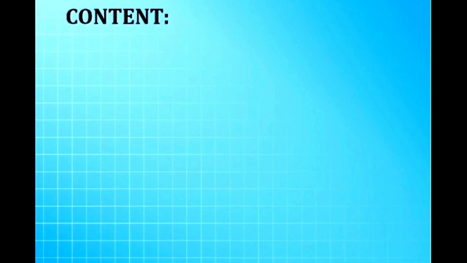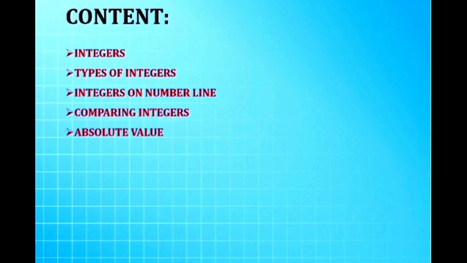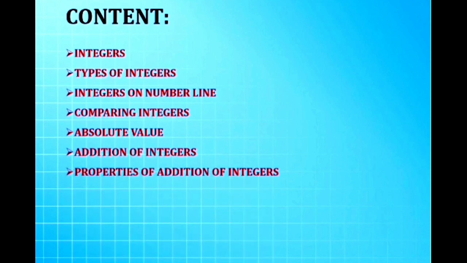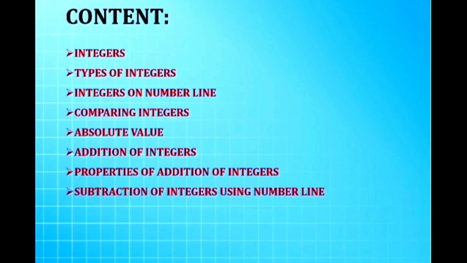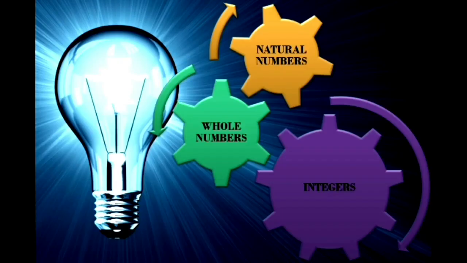The contents which we are going to cover are integers, the definition, the explanation, types of integers, integers on number line, comparing integers, absolute value, addition of integers, properties of addition of integers, subtraction of integers using number line, successor and predecessor, and addition and subtraction of 3 or more integers. Let us begin with the chapter now.